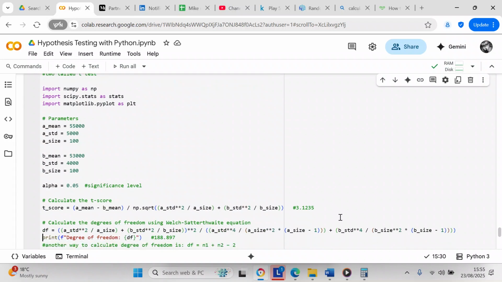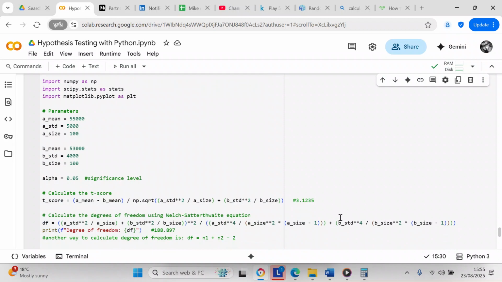Now we're going to calculate the degrees of freedom. So we've got a long formula here to calculate the degrees of freedom using the Welch-Satterthwaite equation. And then that gives you 188.897. But an easier way that you can calculate the degrees of freedom is N1 plus N2 minus 2.